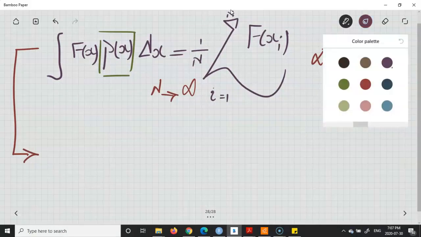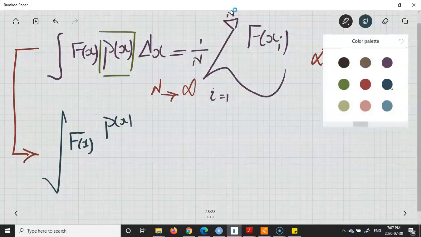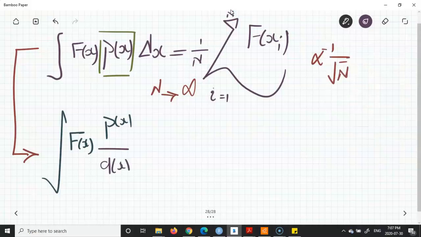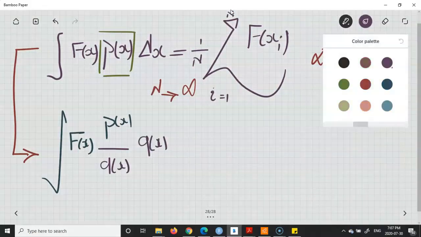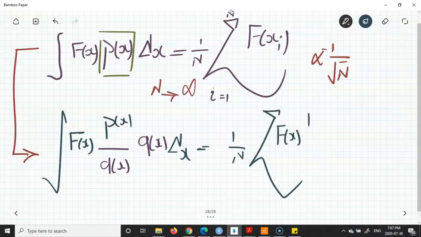This integral is written as the integral of f of x, p of x over q of x, times q of x, d of x, which similarly to what we saw above is equal to 1 over n of the average of f of x, p of x over q of x, each evaluated at the draws that you now had from the q rather than from the p, with i from 1 to n.